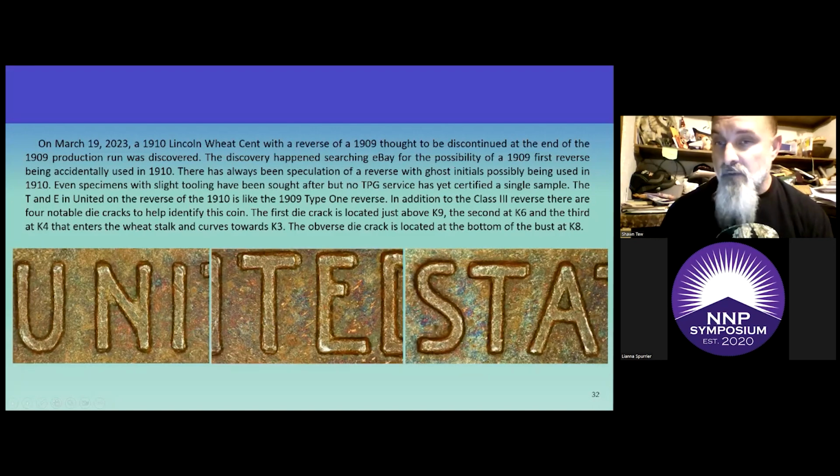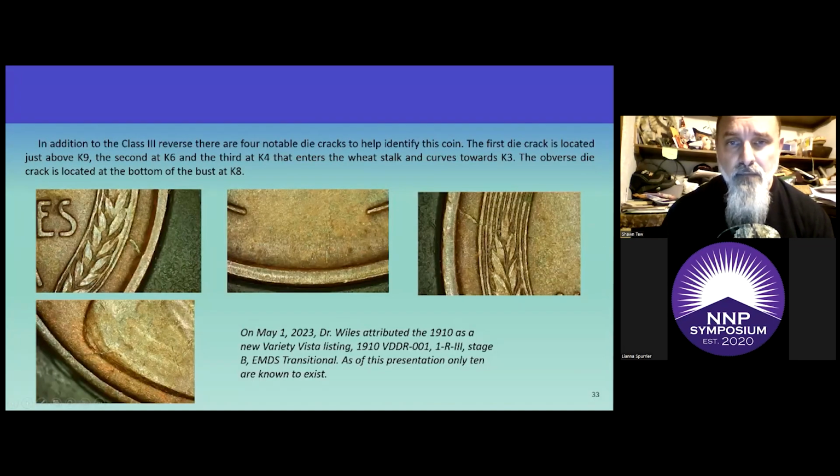This is the discovery coin and its reverse. It shows both Barber and Brenner's T's, E's, the N, the T in states. It also has die cracks on the back, identifying a sample of the 1910 with a 1909 reverse on it.